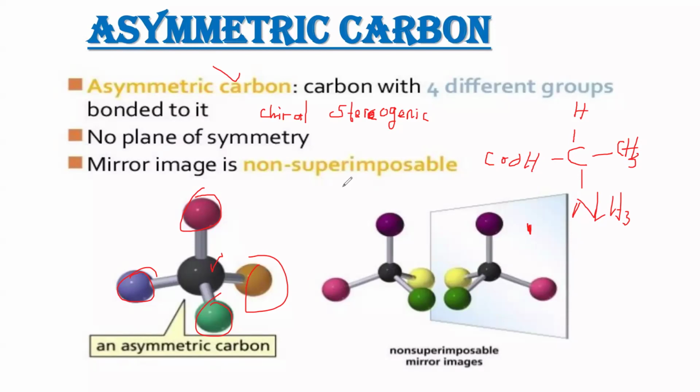If you want to get the number of stereoisomers, you use this formula 2 power n, and the n means the number of stereogenic carbon. Like for example, in this compound, the number of stereogenic carbon, which is the number of asymmetric carbon, is 1. So it means that the number of stereoisomers is just 2 power 1, since the number of carbon is 1.